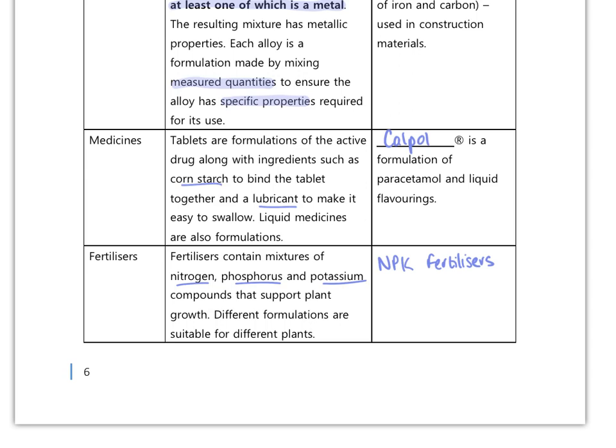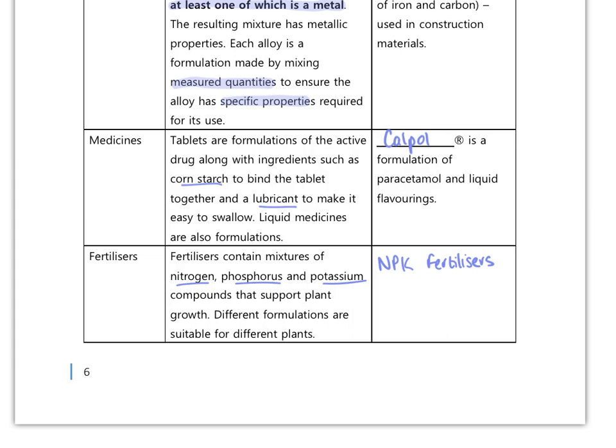So depending on what your plant needs, you will have different measured out quantities of nitrogen, phosphorus and potassium. And so that is what we call a formulation, because it's a mixture that is designed for a specific purpose, a specific use, and it has exact measured out quantities that will make sure that the mixture has properties that are suitable for its use.